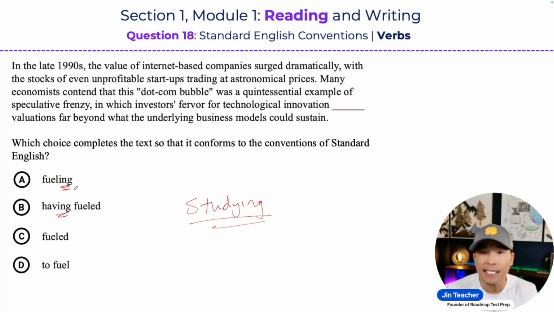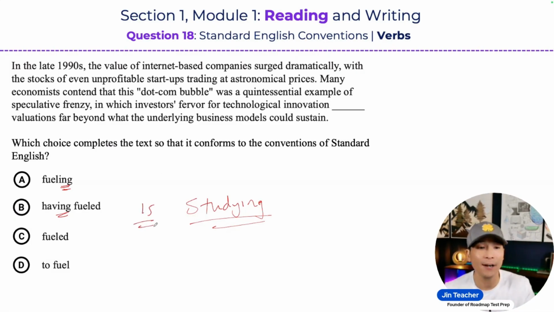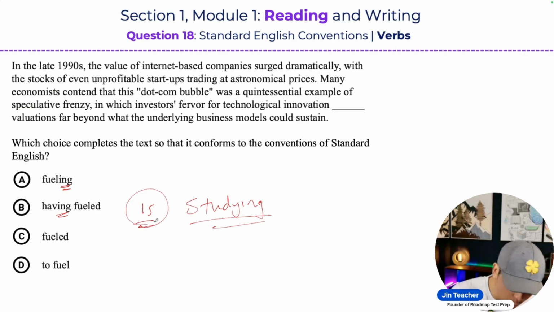Now these types of words only become verbs when they get help from another verb. So oftentimes you'll see another word that's paired with these ing words that functions like a verb. If I said now the girl is studying for the test, you'll be like, oh yeah, that's a complete sentence. The reason it's a complete sentence, you guys, is not because of the word studying. It's because of the word is.